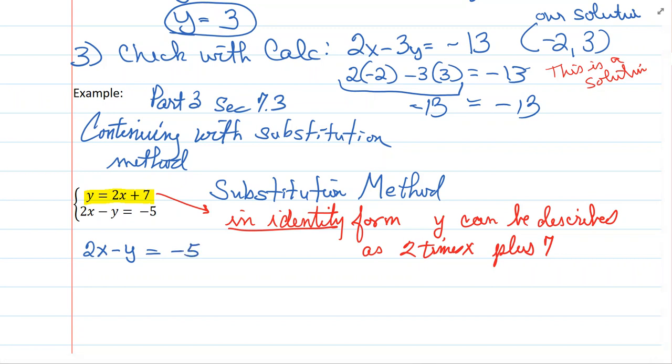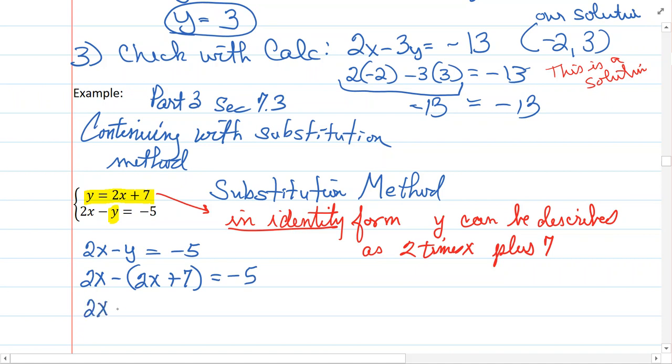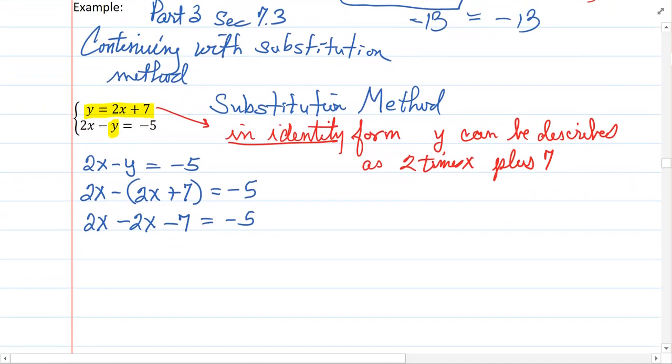So we're going to use the y and replace it with 2x plus 7, and in parentheses too, because we have to use the distributive property of multiplying by -1. And we talked about distributive property in the previous example. So I'm going to have a -2x and a -7 equal to 5.